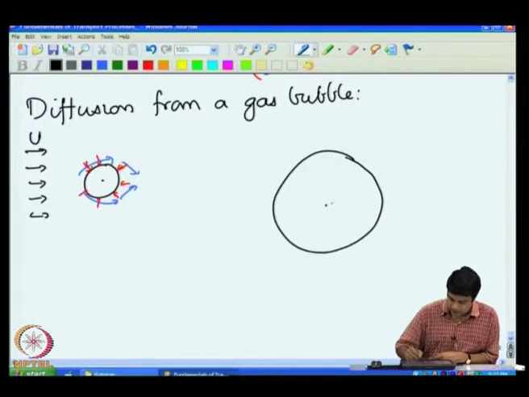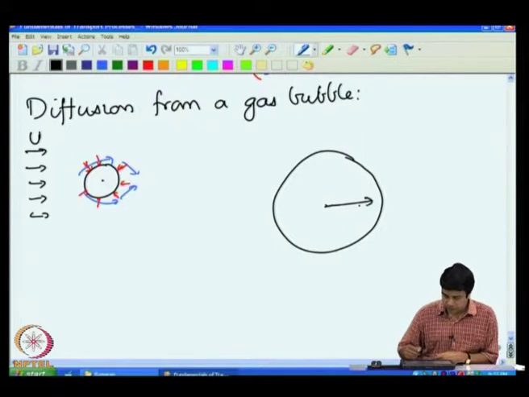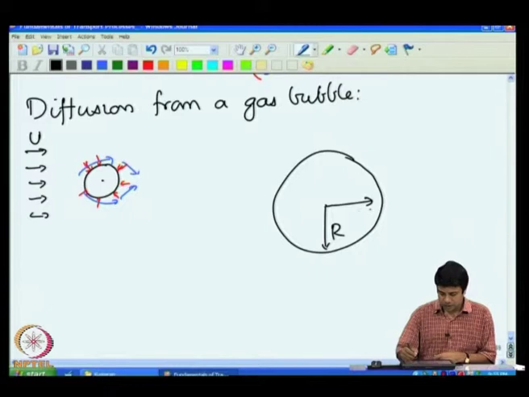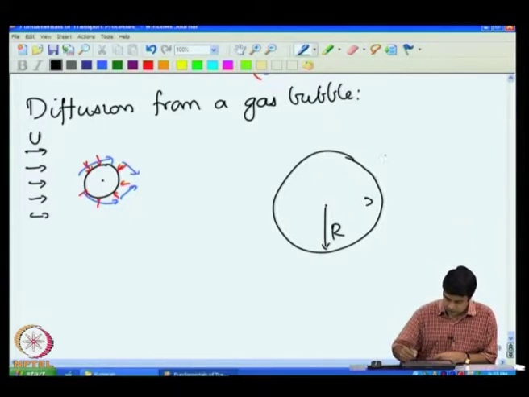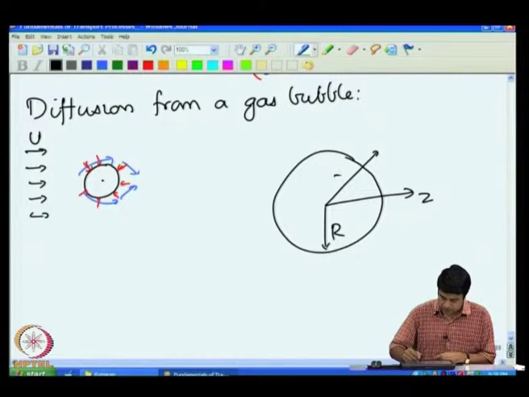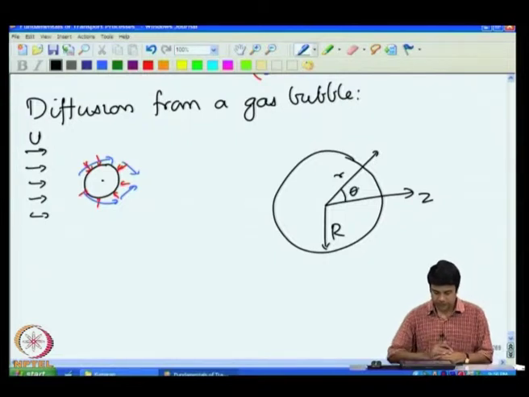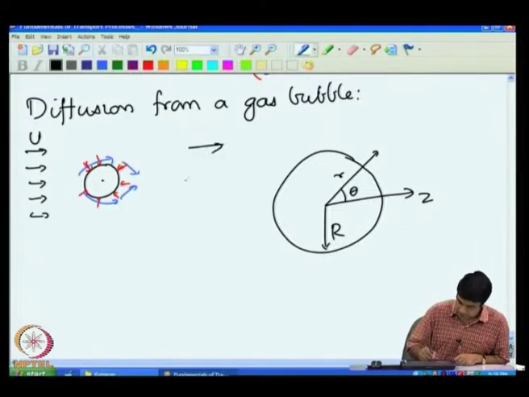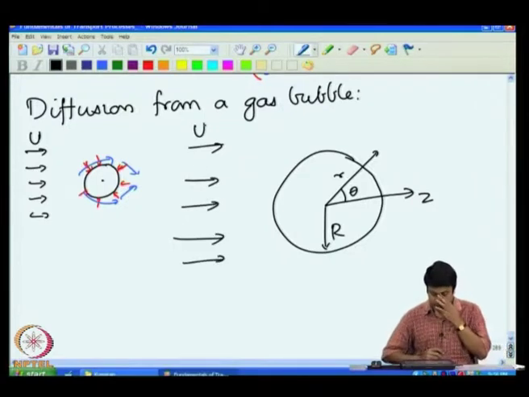So, I have a gas bubble here, and this gas bubble has a radius r, and I will use a coordinate system where this is the z coordinate. So, the distance is r and this is the angle theta, and the fluid is incident with a velocity u on this gas bubble.